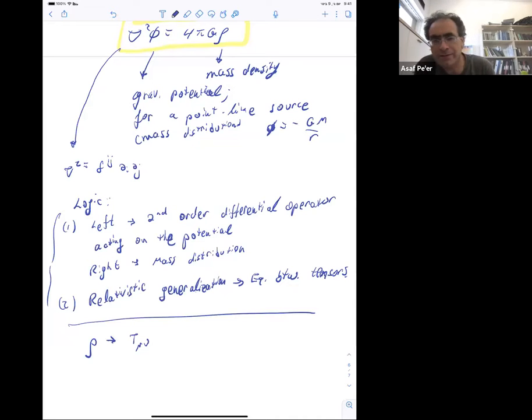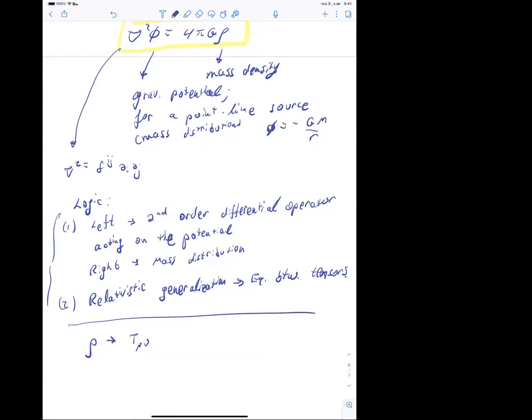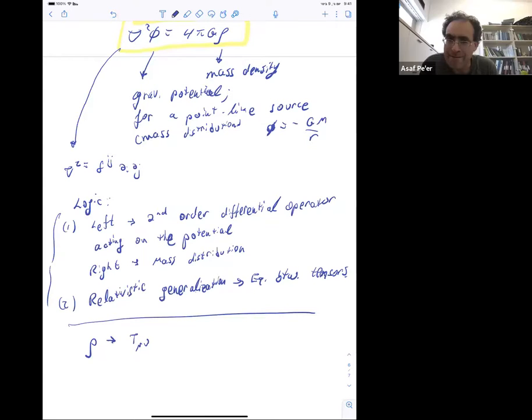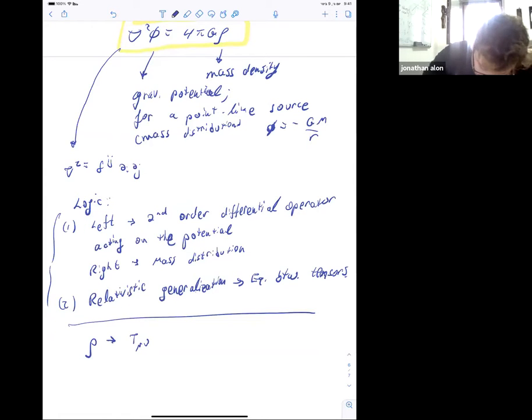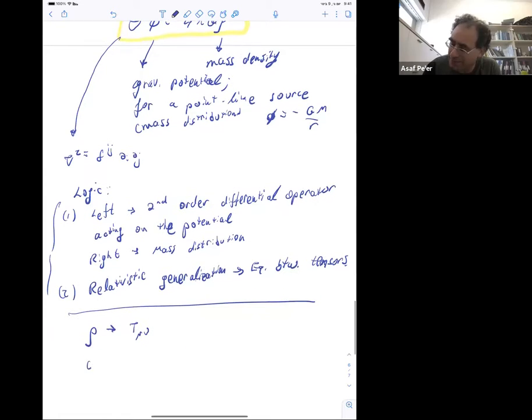What will replace it? Christoffel symbols? No. The metric, yes. It will be the metric tensor. So phi could be replaced by g mu nu somehow. It's not exact, but we can guess.